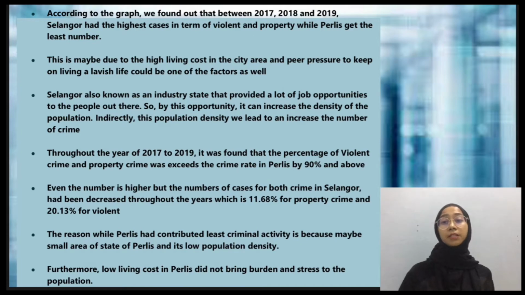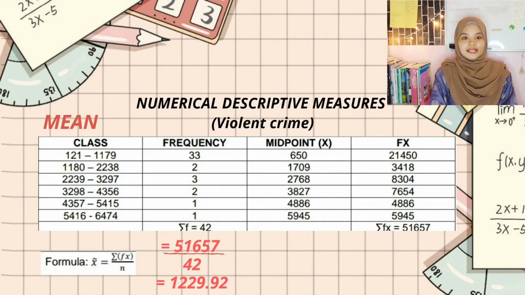Even though the number is higher, the number of cases for both crimes in Selangor decreased throughout the years, by 11.68% for property crime and 20.13% for violence. The reason why Perlis has less criminal activity is maybe because it has a small area and low population density.